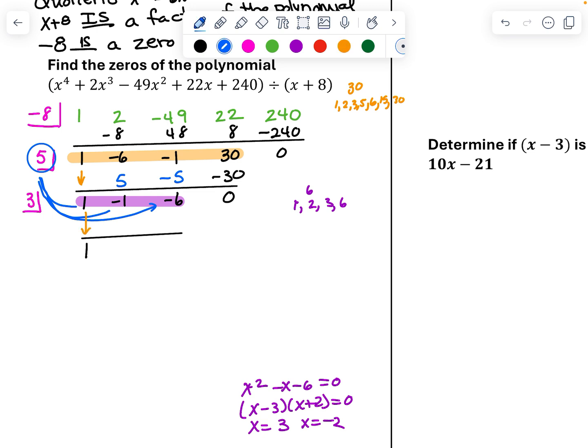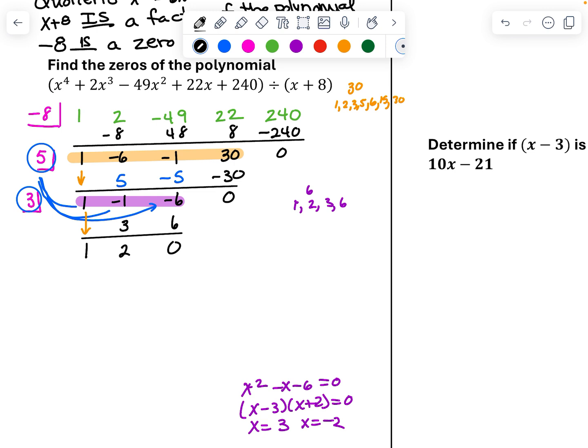Then with this 3, I do the multiply-add. 3 times 1 is 3. Negative 1 and 3 are 2. 2 times 3 is 6. Negative 6 and 6 are 0. So I got 0 again. I have no remainder. Awesome.